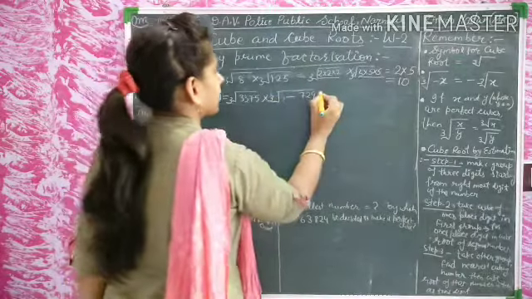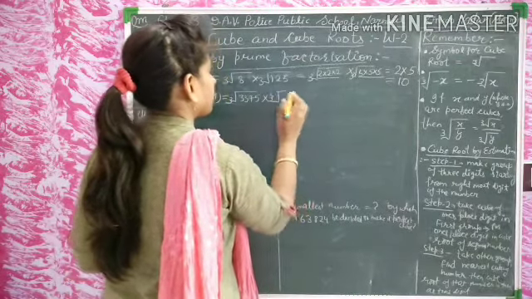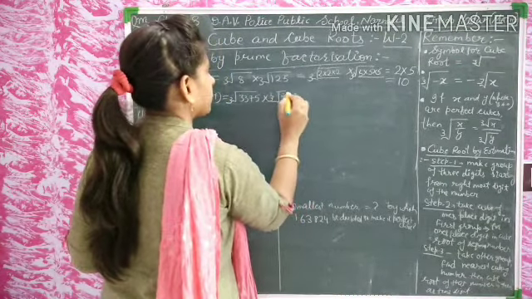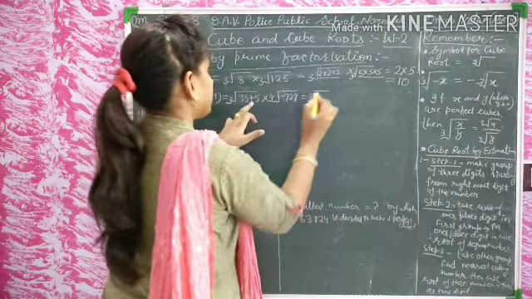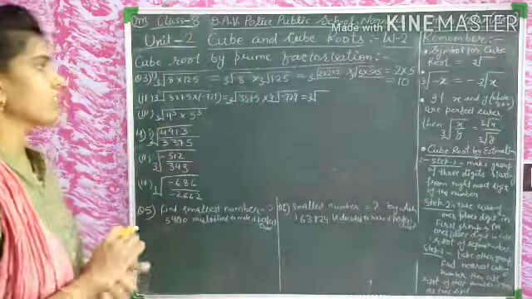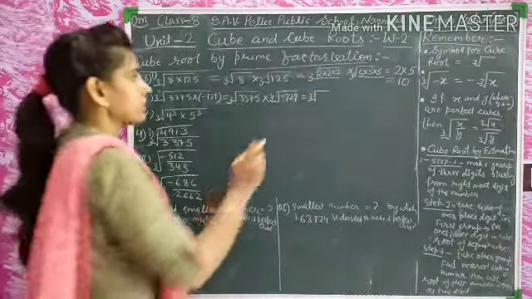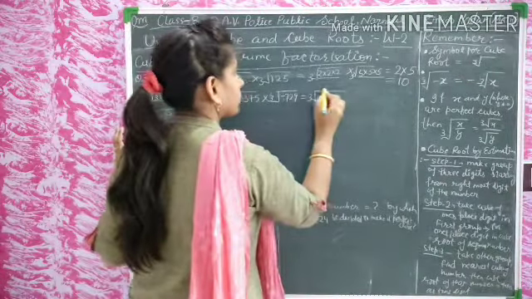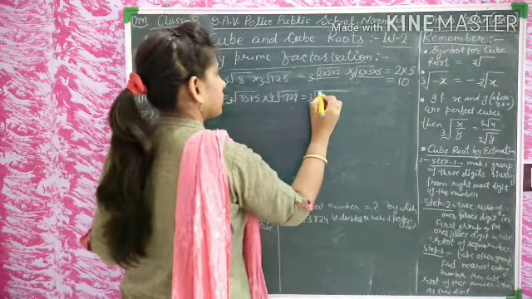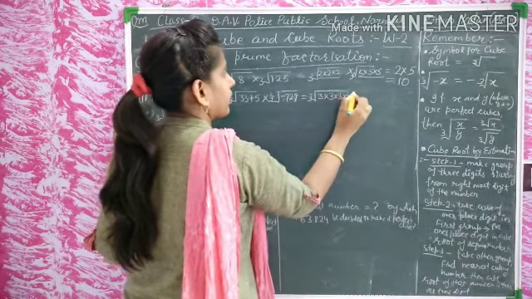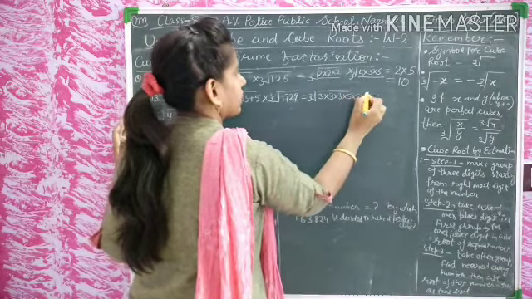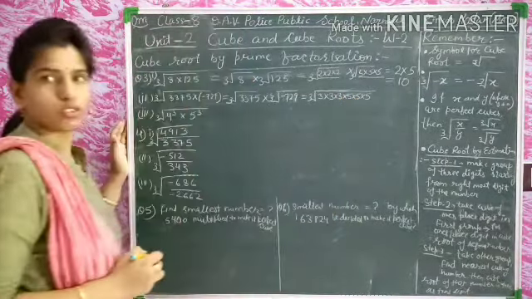The prime factorization of 3375, if we take the prime factorization of this number, okay students.